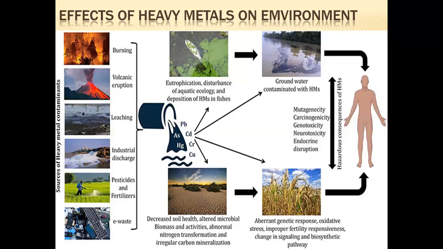It causes aberrant genetic response, oxidative stress, improper fertility responsiveness, change in signaling, and biosynthesis pathway. These all affect human health, like causing mutagenicity, carcinogenicity, genotoxicity, neurotoxicity, endocrine disruption, and it affects human health even at low concentration.